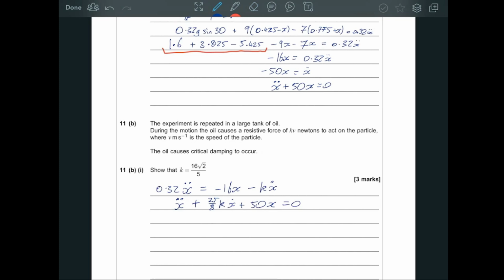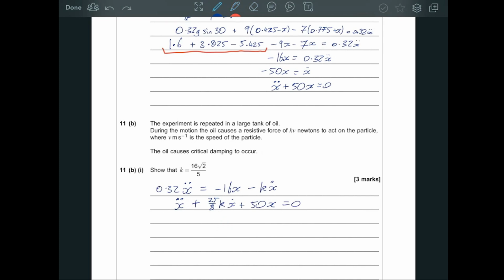So yeah, we can't cheat so much. But we could have actually, if your memory was better than mine, you'll recall that this term was k over m as the coefficient, not just k.